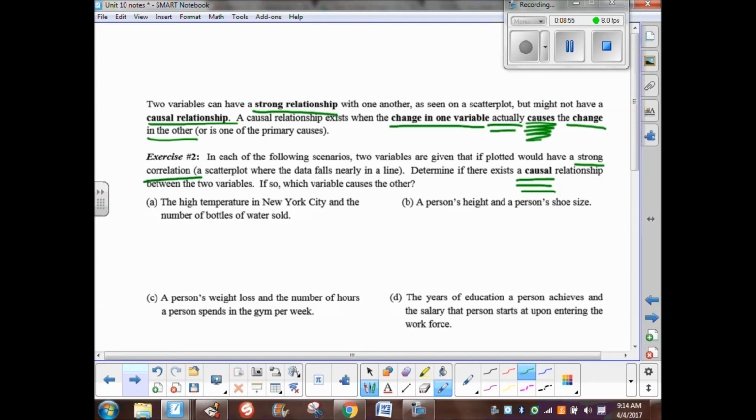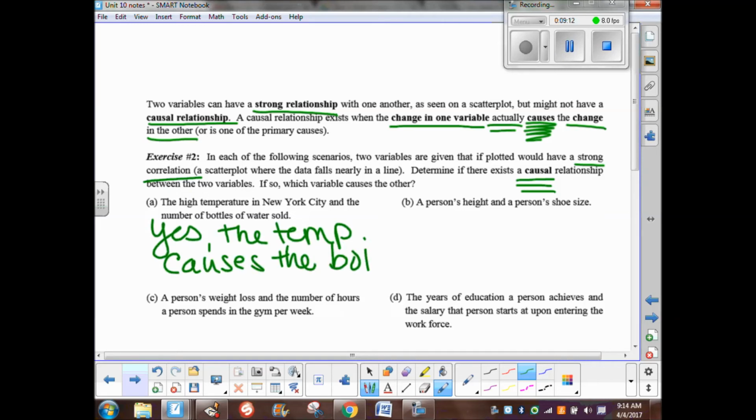So the high temperature is going to cause the sale of bottled water to go up. Temperature causes bottled water sales to go up.